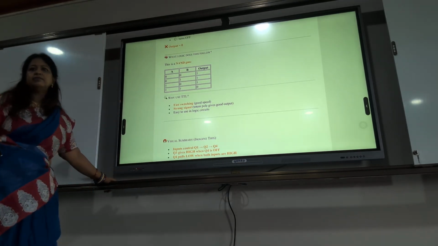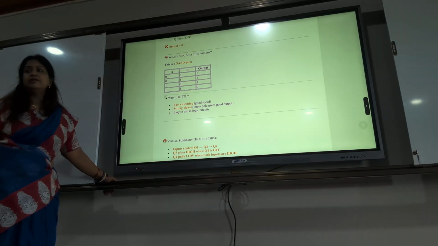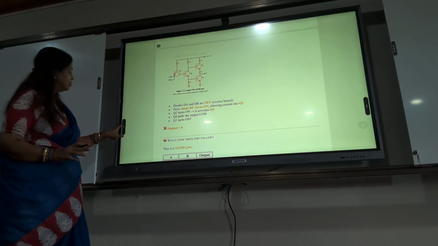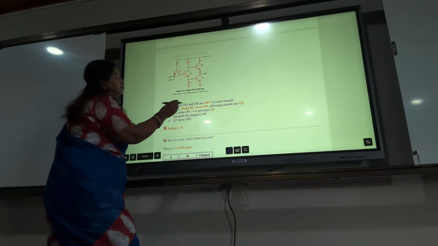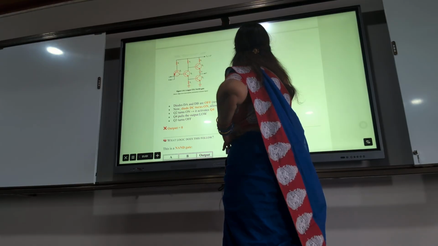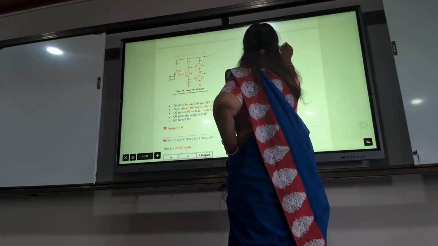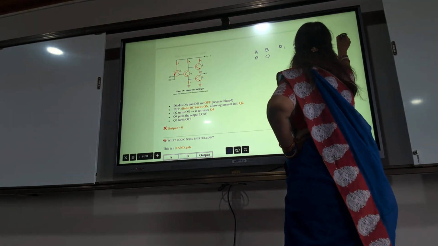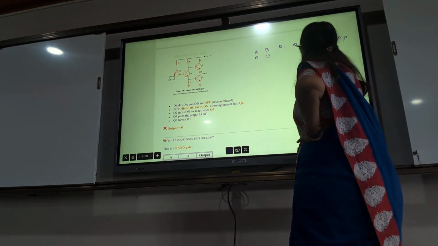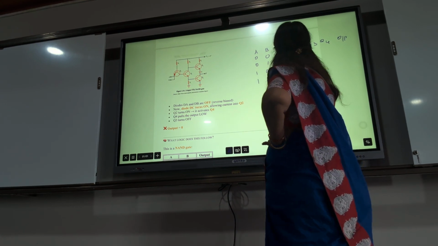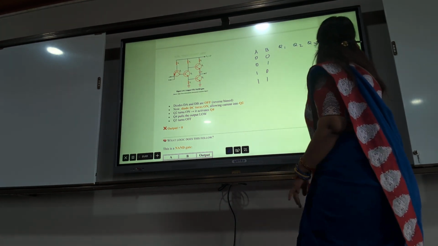Truth table. You have to draw the transistor circuit and also you can have a table. A, B, 0, 0. Q1, Q2, Q3, Q4, output. 0, 1, 1, 0. So what is the output here?